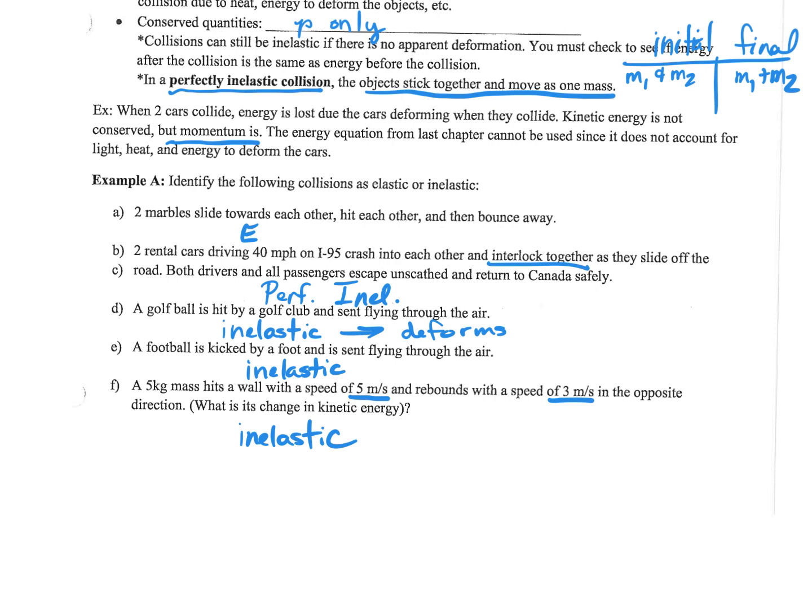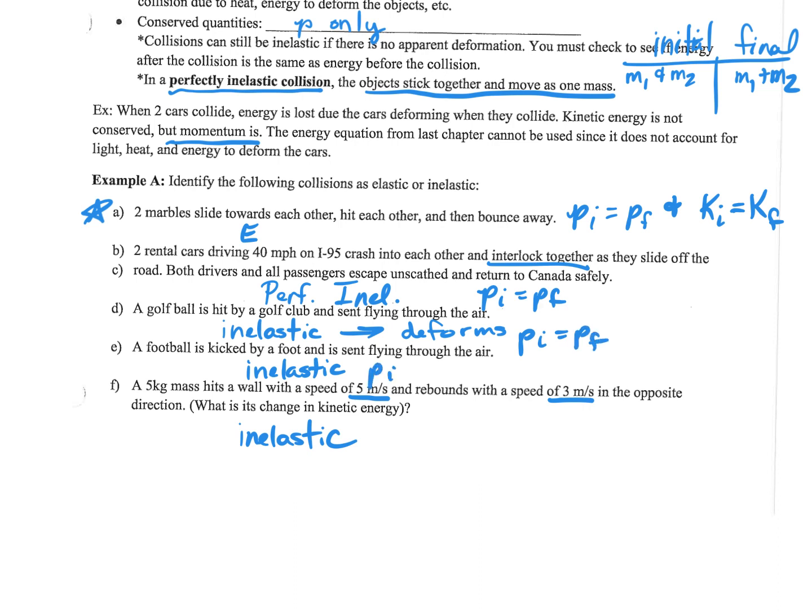The big thing to remember is this one right here is the only one where P initial equals P final and K initial equals K final. That's the only one where momentum and energy are conserved. Now for this guy, P initial equals P final. For this guy, P initial equals P final.